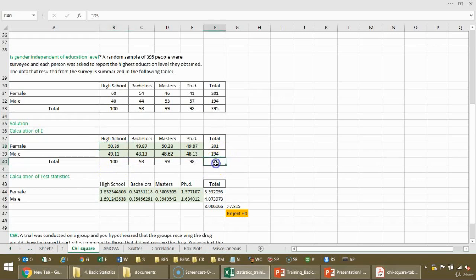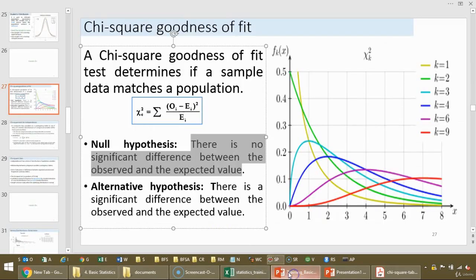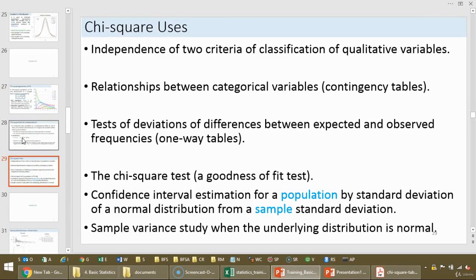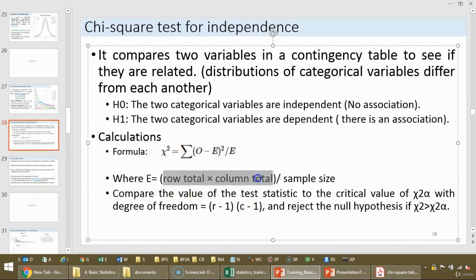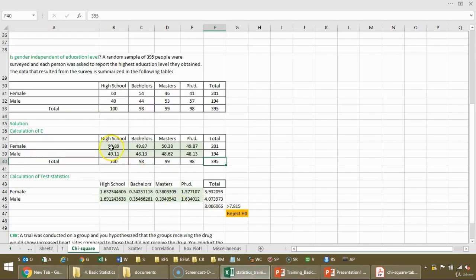So the expected value is this into this, divided by this. Row total into column total divided by total sample size. Here F38 is the row total, B40 is the column total, divided by A40, which is the complete sample size. This is how the expectation has been obtained.